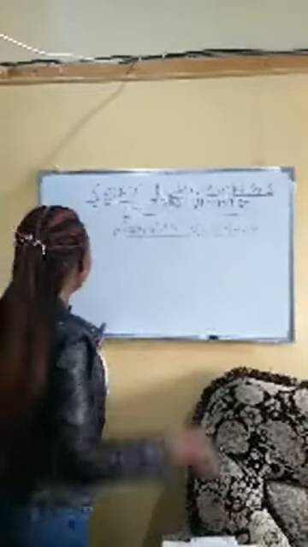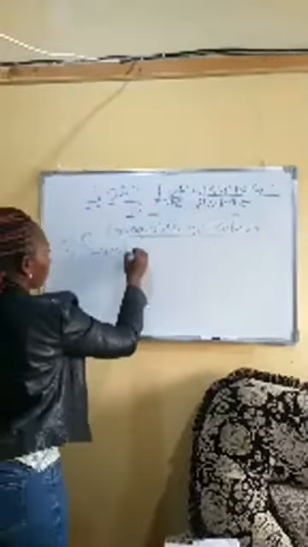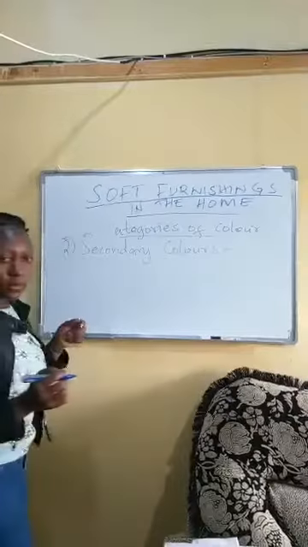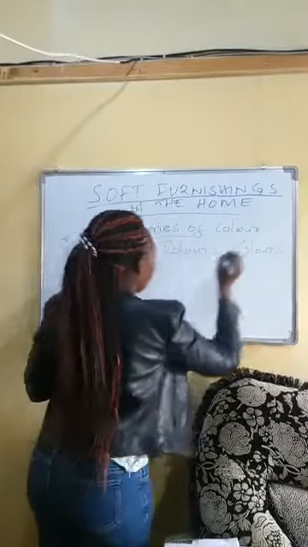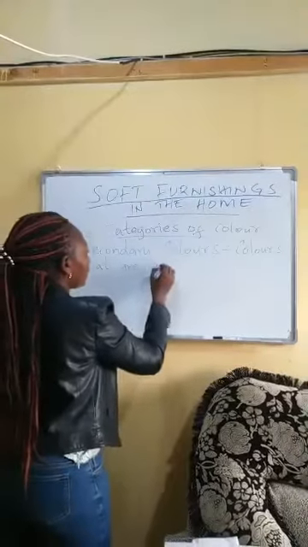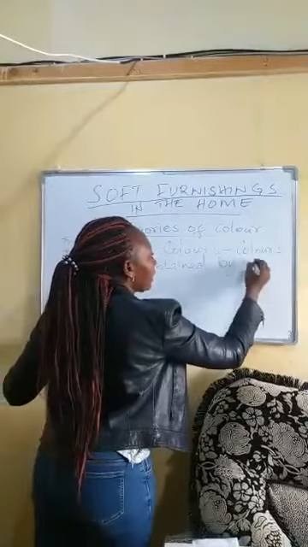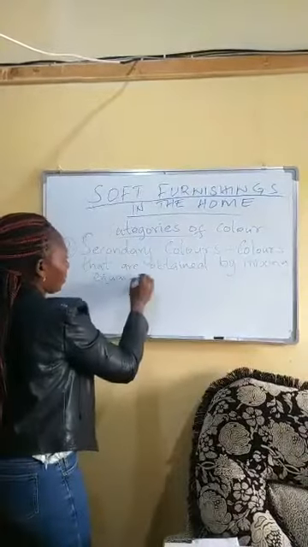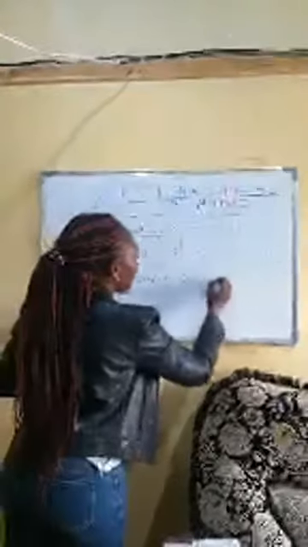Secondary colors. These are colors that are obtained by mixing equal parts of two primary colors.